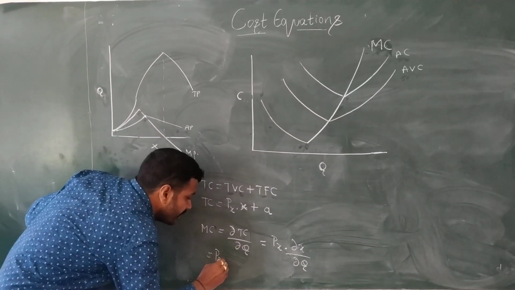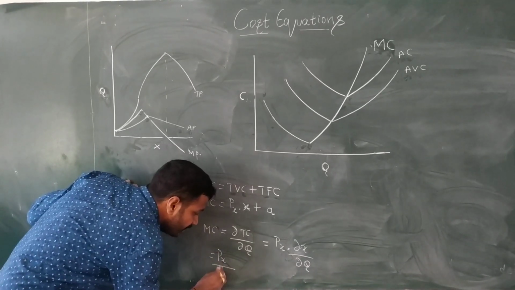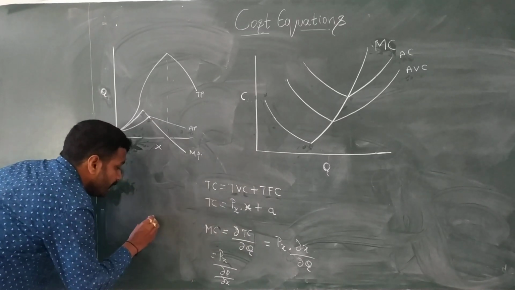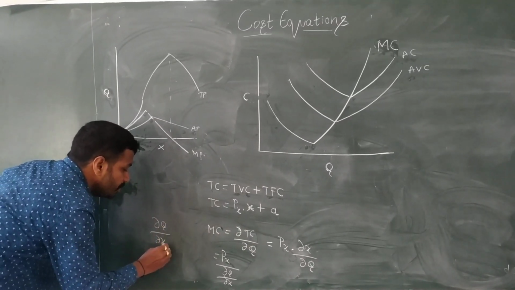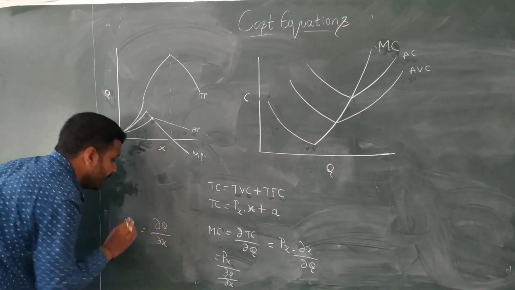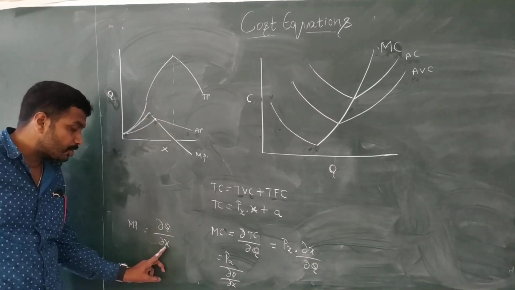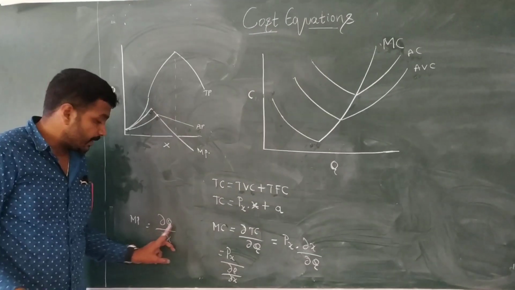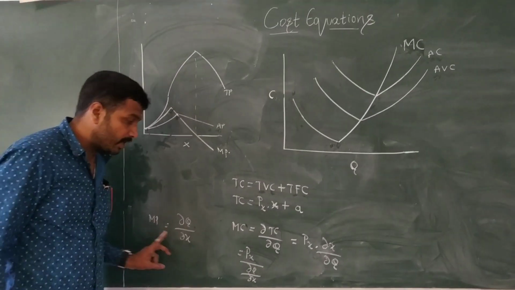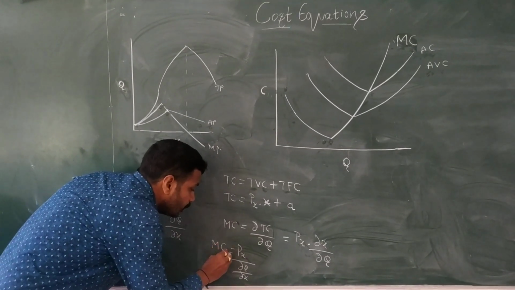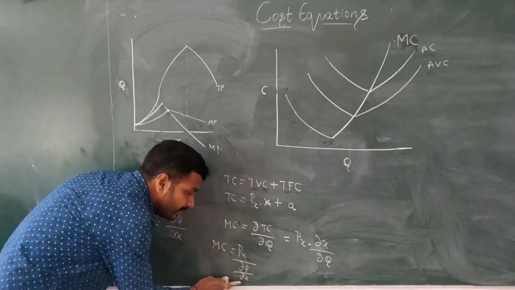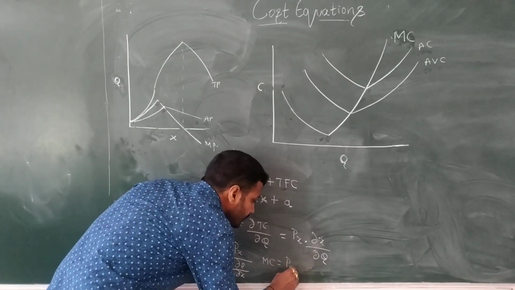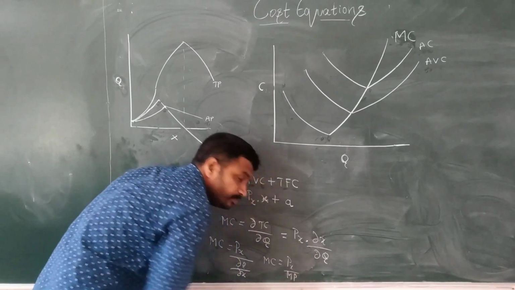This can be rewritten as Px times derivative of Q by derivative of X. You know that change in output due to change in input is nothing but MP. That is, when we use an additional unit of input, we get additional output, which is marginal product. So from this we could write MC is equal to Px by MP.